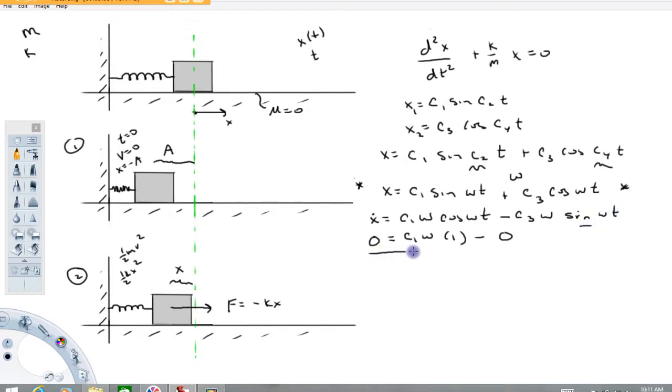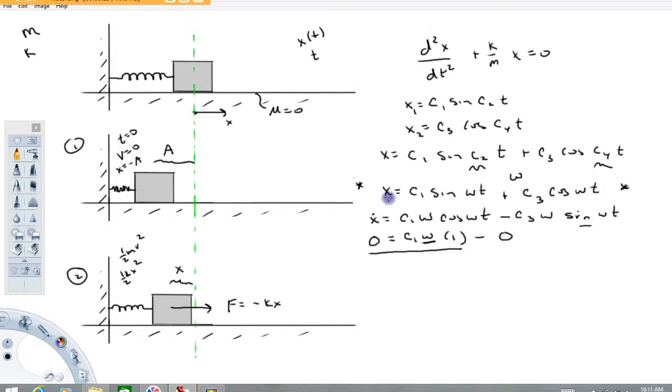Now as we look at this equation here, either c1 is equal to 0 or the omega is equal to 0. But omega cannot be 0. The reason is, look at our solution here. If omega were equal to 0, our solution would just read x equals 0, because the sine of 0 is 0, plus c3, because the cosine of 0 is 1.